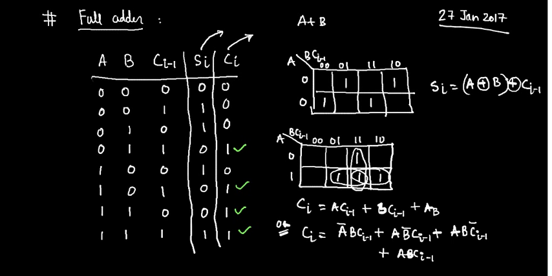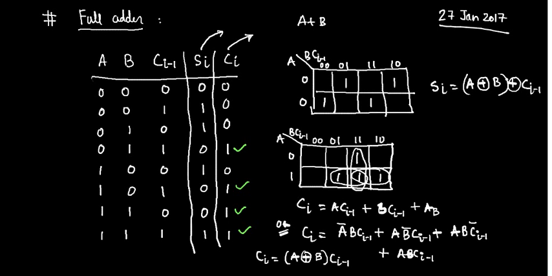Now you simply realize this. Express this in some different form. So Ci would be this. If I group this, if I simply take Ci minus 1 common, it would be A XOR B multiplied by Ci minus 1.